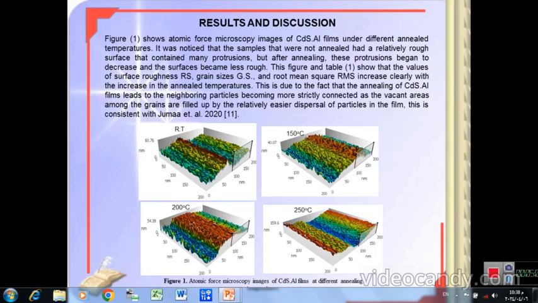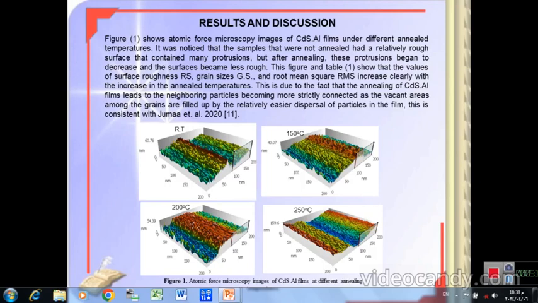Table 1 shows that the values of surface roughness, grain size, and root mean square increase clearly with the increase in annealing temperature.